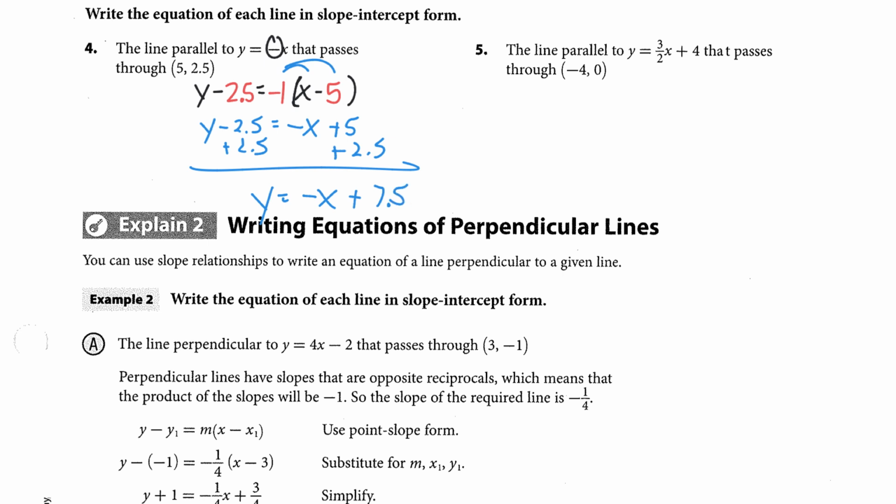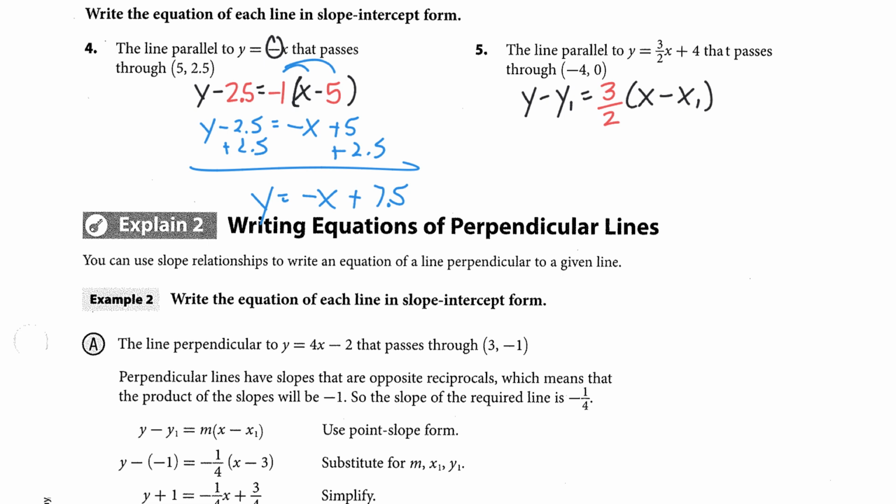Number 5, the line parallel to y equals 3 over 2x plus 4 that passes through -4, 0. Again, I'm going to start with point slope form. We'll start by replacing m with the same slope as the line we're trying to be parallel to, which is 3 over 2.